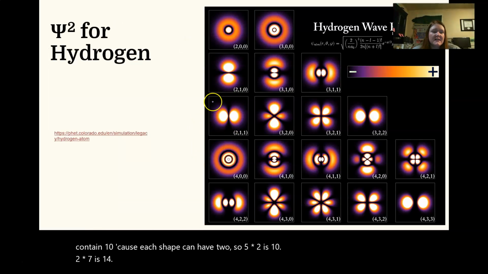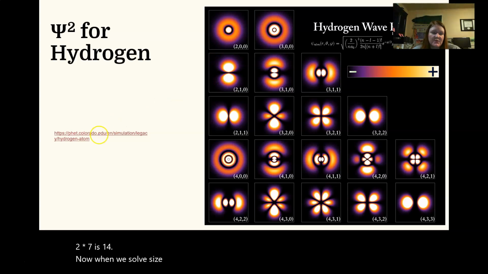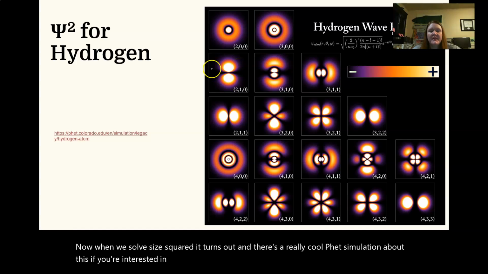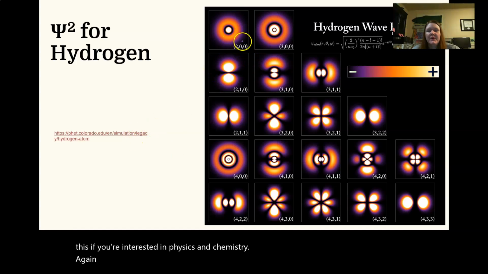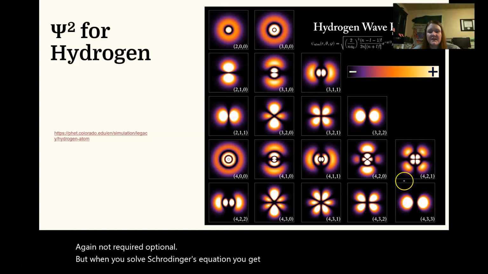Now when we solve psi squared, it turns out, and there's a really cool PhET simulation about this if you're interested in physics and chemistry. Again, not required, optional. But when you solve Schrödinger's equation, you get these shapes, and these here are actual images that we have managed to take that show where the electrons are at, right? And so each orbital is represented here.